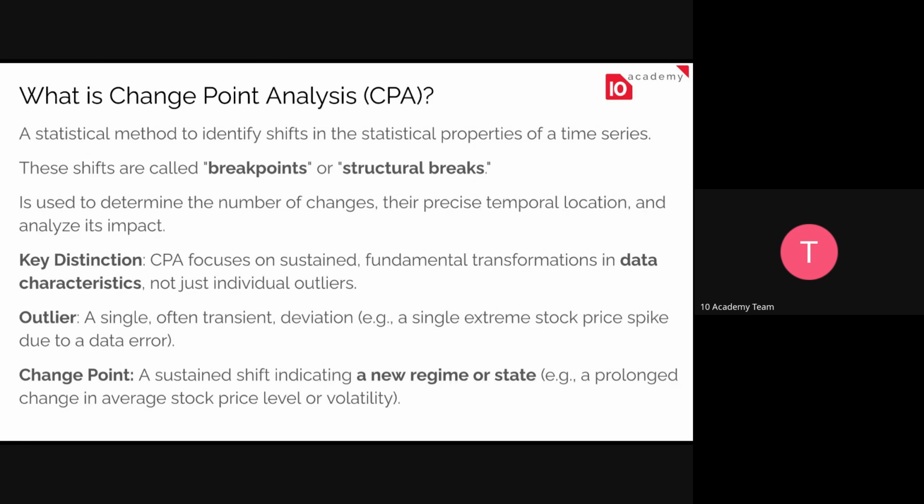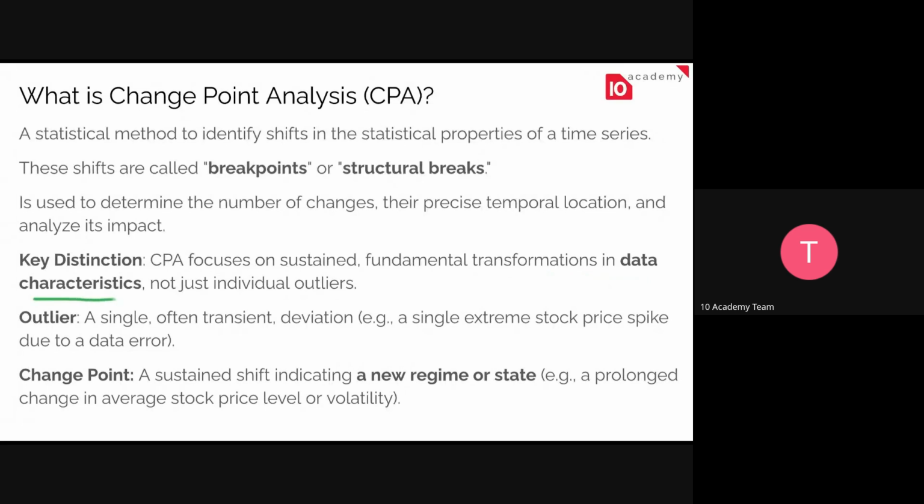Of course, there are some key distinctions from outliers. We know outliers are data points very different from the rest of the data. Change point analysis is different because it focuses on the change in statistical property rather than the individual outlier. It focuses on sustained, fundamental transformation in the data characteristics.